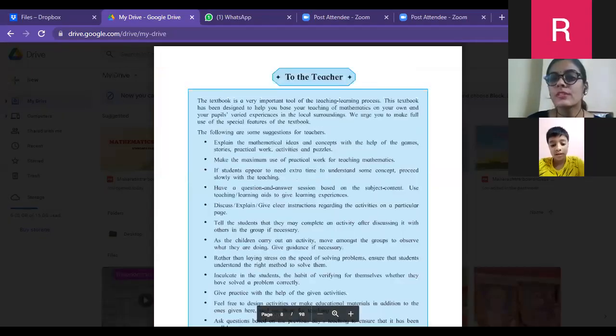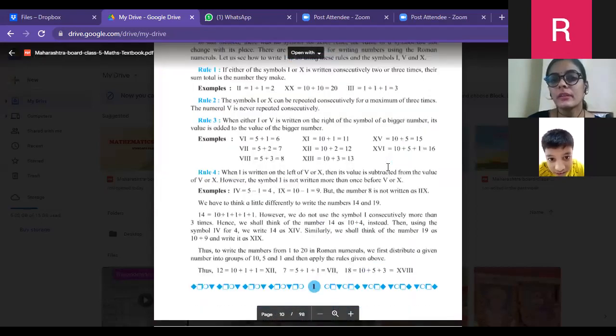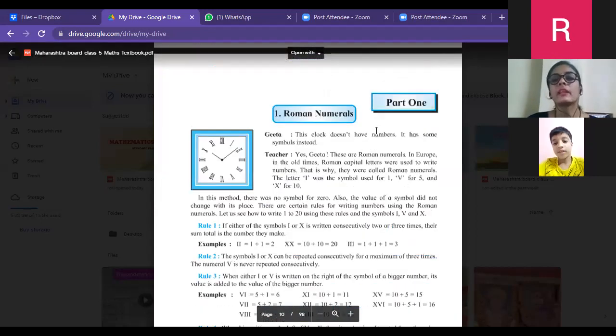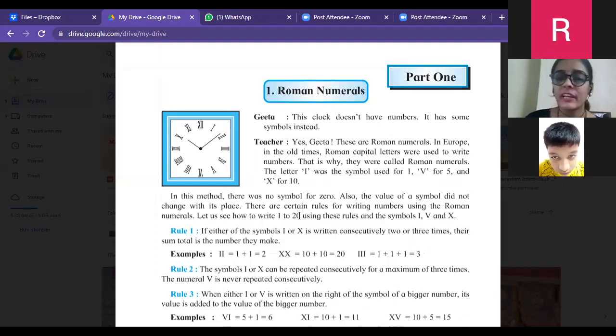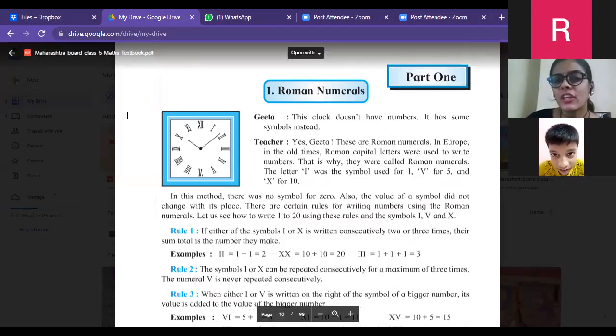Can you see the screen? Yes, teacher. Okay. Now see here. Roman numerals. As I told, we have studied Hindi Arabic numbers like 1, 2, 3, 4, and so on, right? Now in this chapter, Roman numerals means what? Can you see the clock?